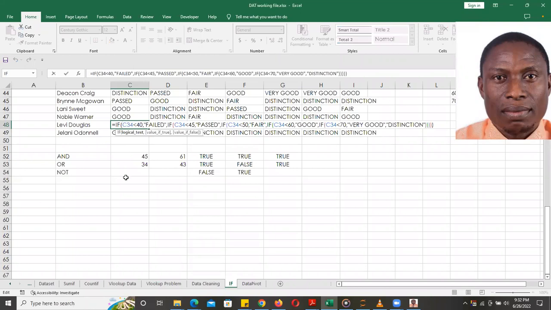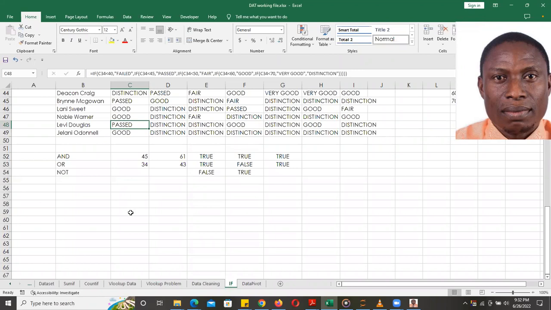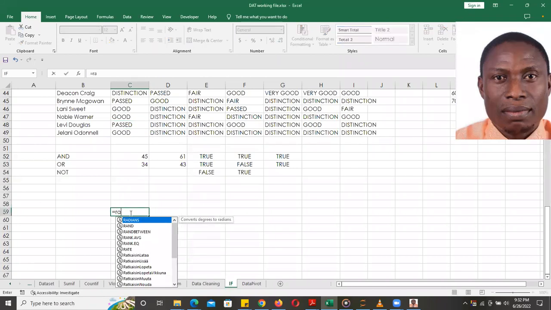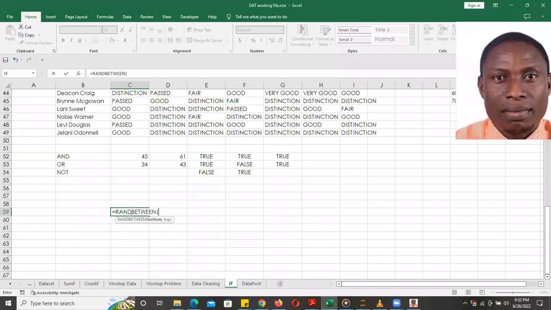Okay, RANDBETWEEN. I've moved past there, but let me just show you. Equals RANDBETWEEN. Then you have your bottom, that is the starting point. Then the top, that's the end point.